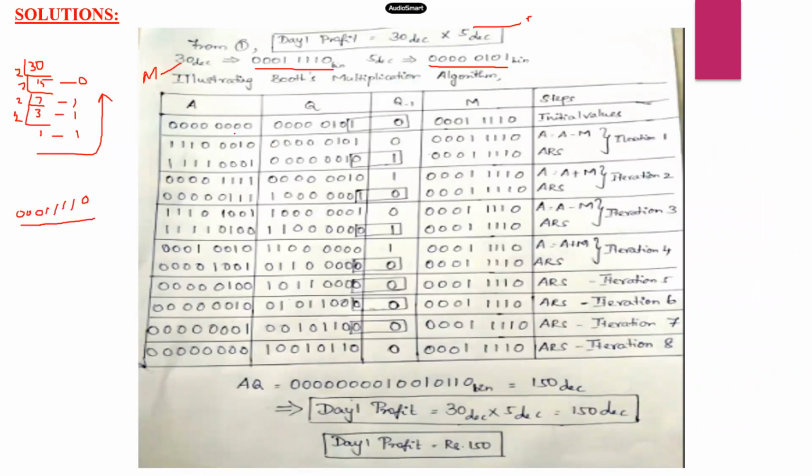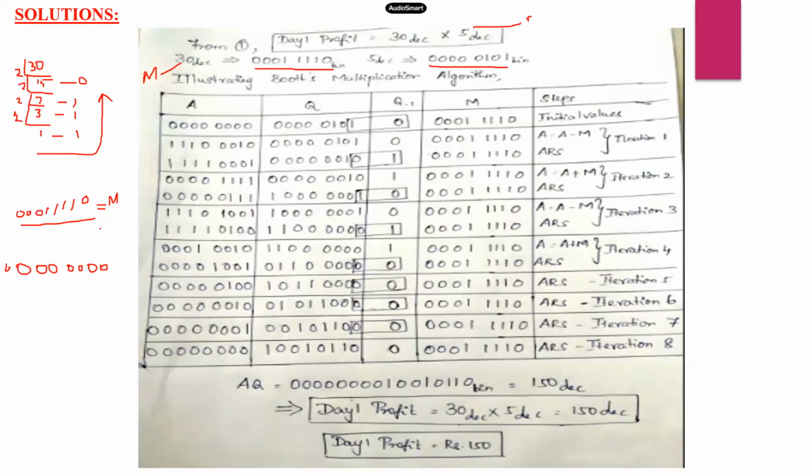All 0s, 0, 0, 0, 0, 0, 0, 0, 0. Here I have mentioned it. A minus M. What is M? M is 30, 0, 0, 0, 1, 1110. This is called M.